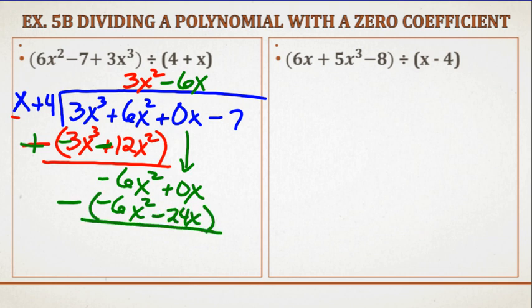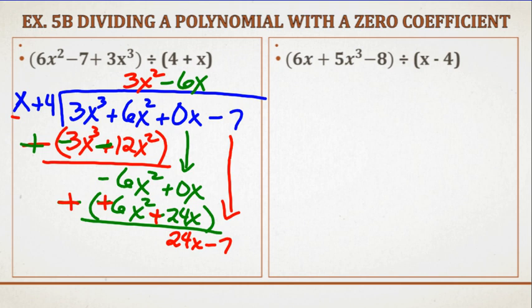Now I need to subtract everything there, which really means I'm adding the opposite of what's in the parentheses. So negative 6x squared plus 6x squared is 0. 0x plus 24x is 24x. Bring down my minus 7.